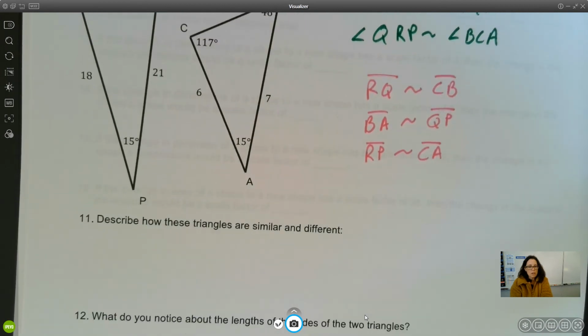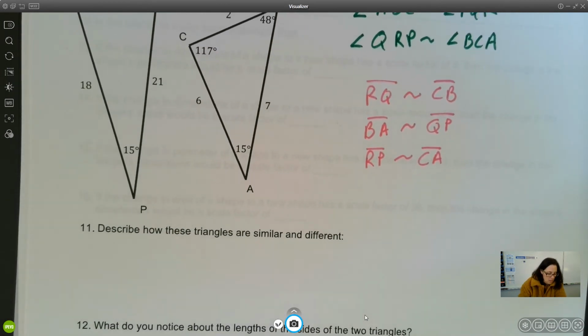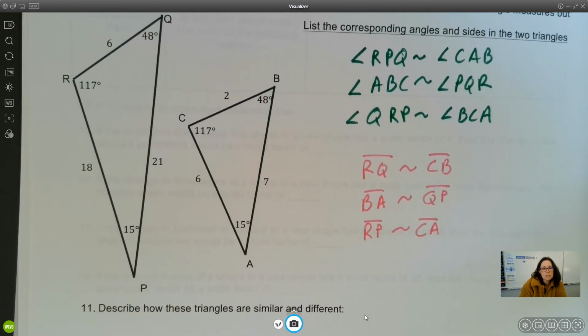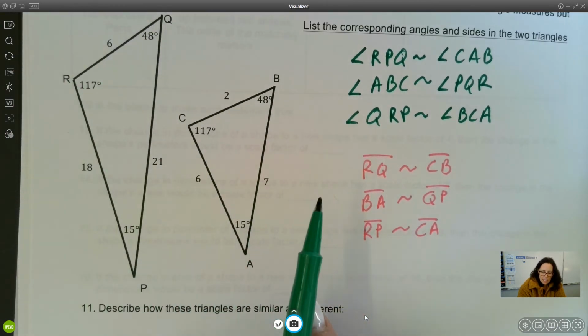Describe how these triangles are similar and different. Is everybody noticing the angles are the same measurement? And the side lengths are similar. These side lengths are blown up by 3.